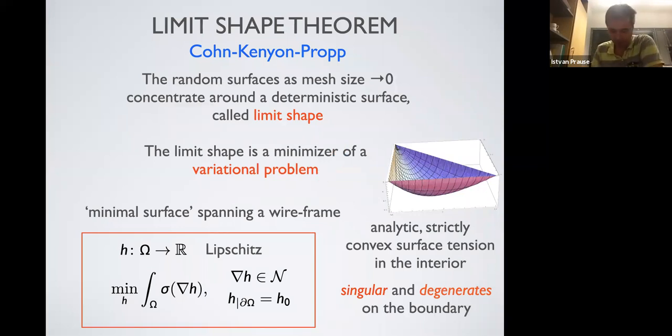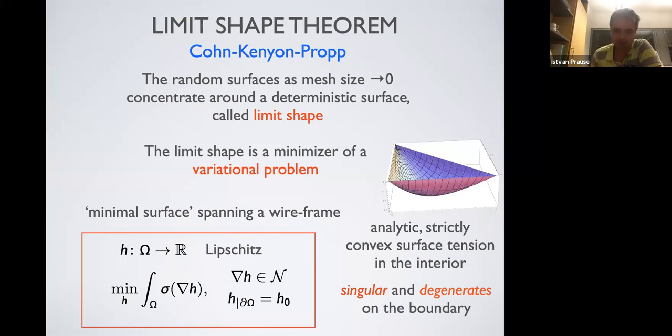So what is the variational problem? We have some region omega, in this box plate partition example, when we get a hexagon, this omega would be the regular hexagon. Above that we have the height function h. In the limit, it will be some Lipschitz function with a gradient constraint.